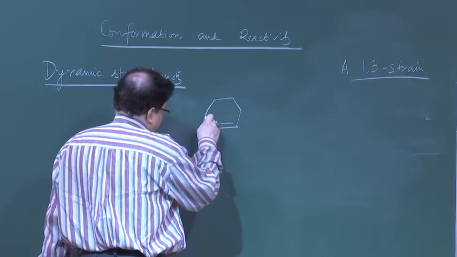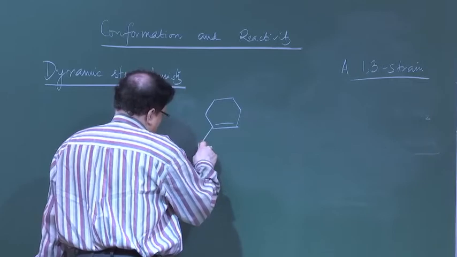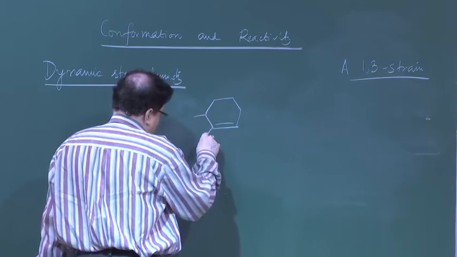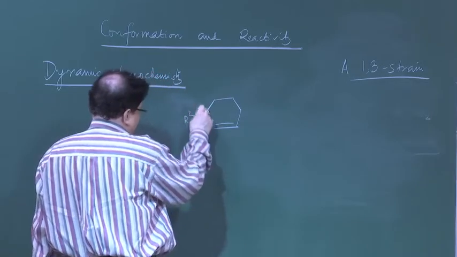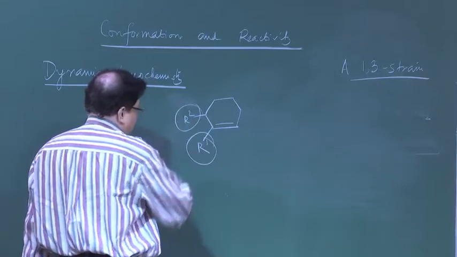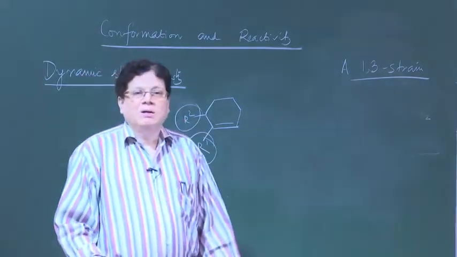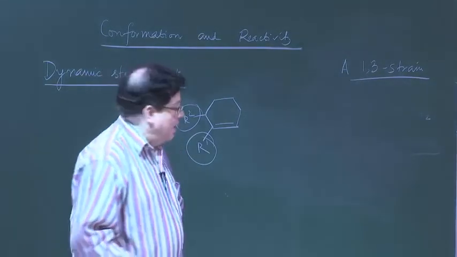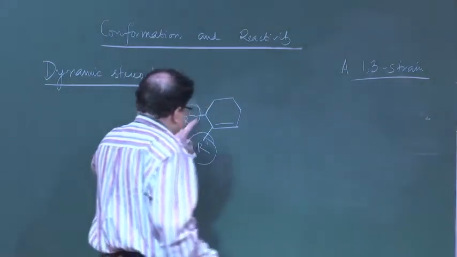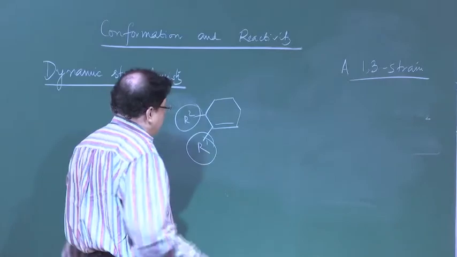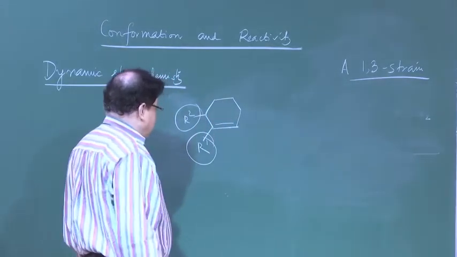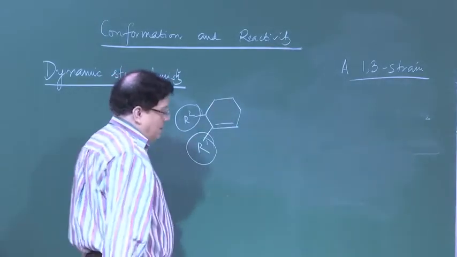And in cyclohexene there will be an interaction between these two groups, and this interaction of R2 with R1 will depend upon whether R2 is in the axial or the equatorial orientation. Now, we have not done how this cyclohexene looks.